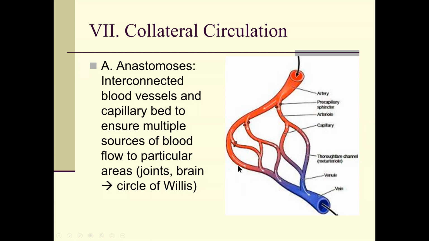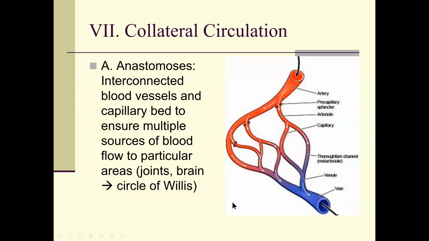Okay, so we have a lot of collateral circulation in the capillary beds, and we have certain areas of collateral circulation in some joints, and the circle of Willis, which we don't talk about very much in anatomy and physiology.